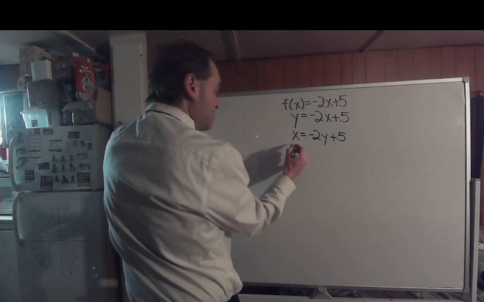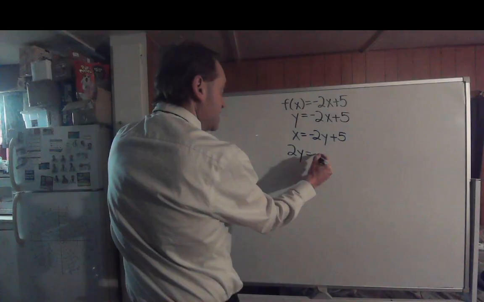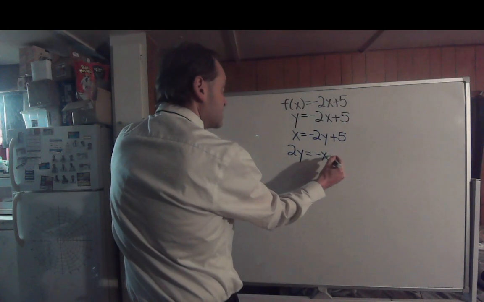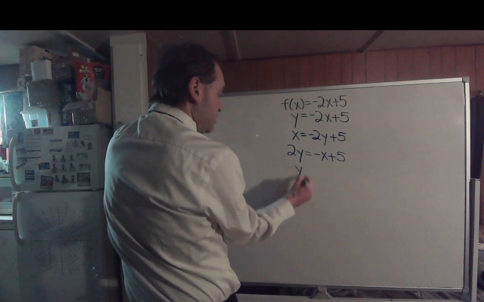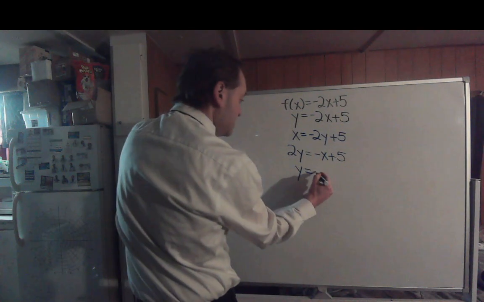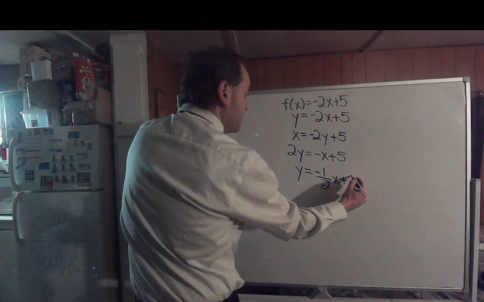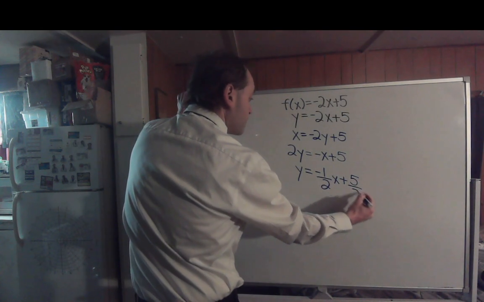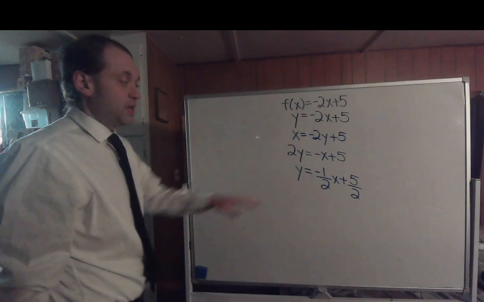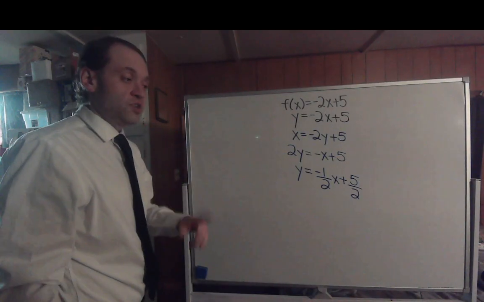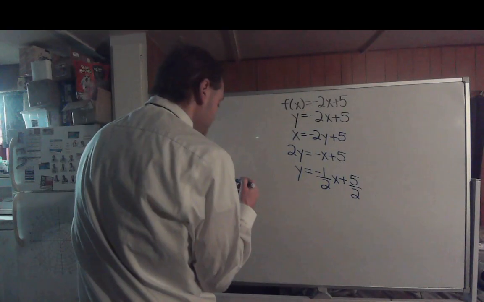Well, this would just end up giving you 2y equals negative x plus 5, which would end up giving you that y is equal to negative 1/2 x plus 5/2. Now, the final step is we got to convert that y back into function notation. For an inverse function, here's how you would write it.